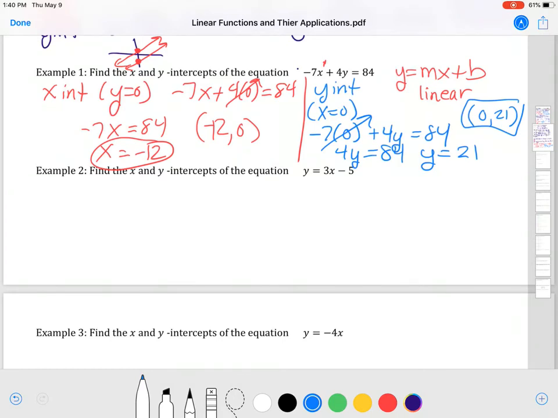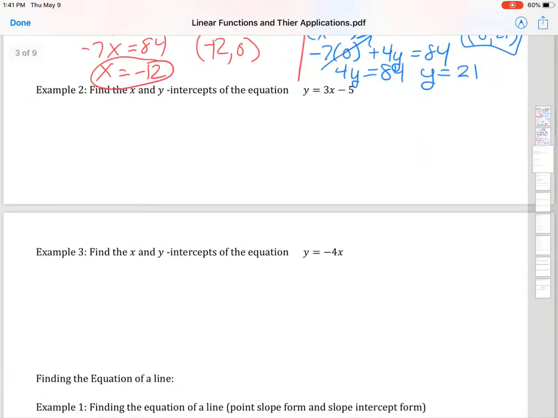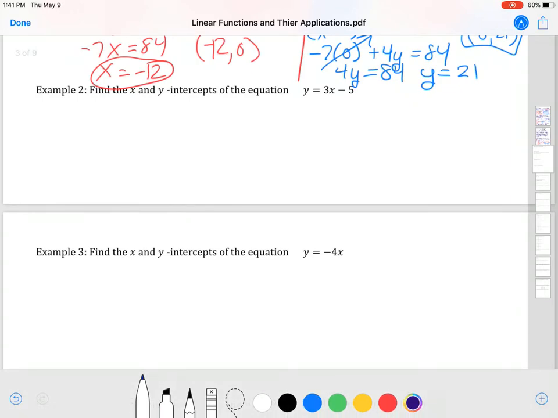Okay, next example. Let's see. We have y equals 3x plus 5. Because it's in mx plus b form, this actually gives us one of the intercepts without having to do any work.